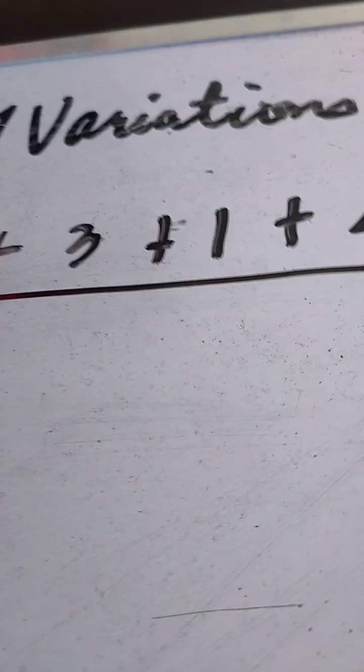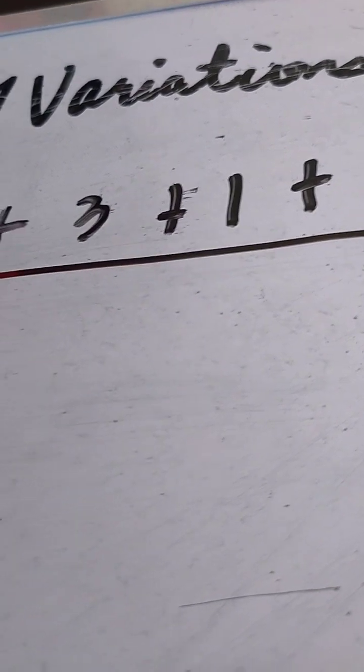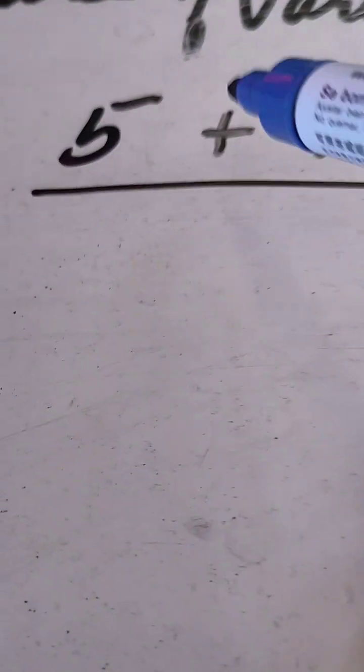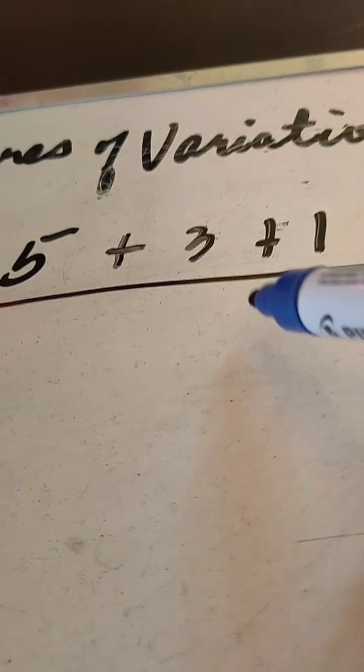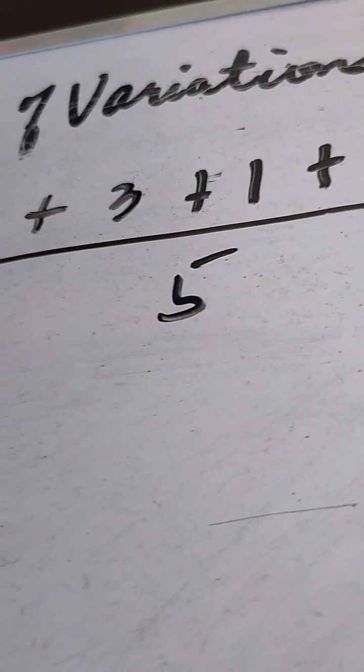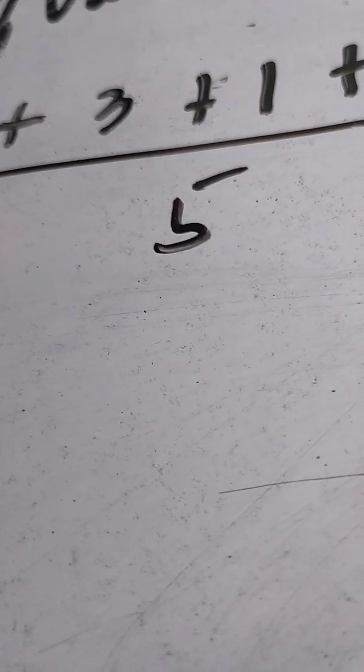So that is 16, the sum. Then our n is 1, 2, 3, 4, 5. Divided by 5.